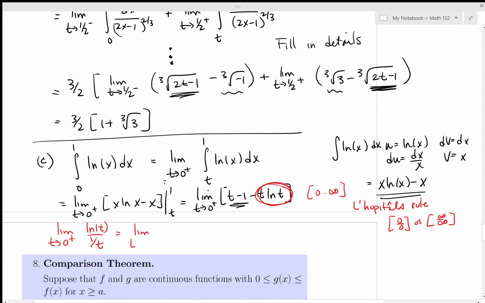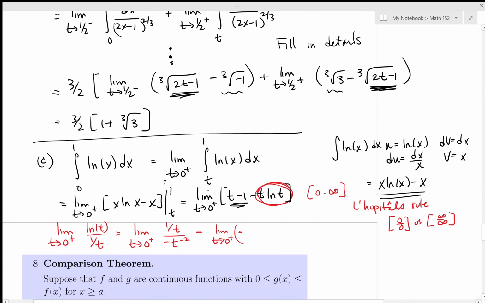It's because now I have the form infinity over infinity, and then I can take the derivative of the numerator independently of the derivative of the denominator. So I'm going to get 1 over t here, and then here I'm going to get minus t to the minus 2, and then that is going to be, let's see, the limit as t goes to 0 of, sorry, it's not minus 1 over t.